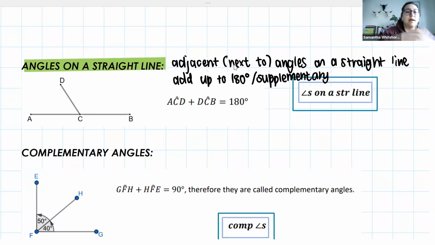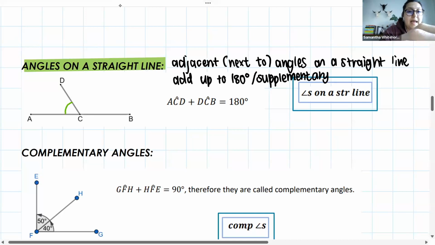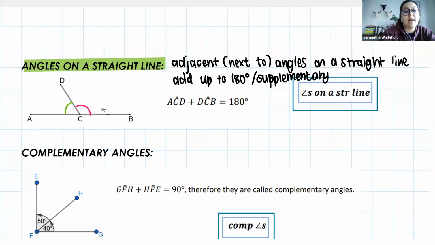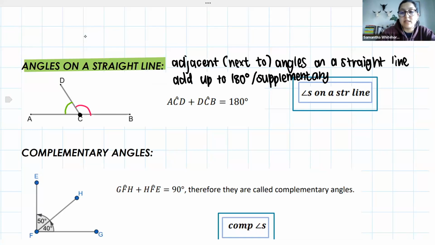So if we look at our diagram, we can very clearly see that we have an angle here at ACD, as well as an angle created at BCD. Okay, so we've got two angles here. Now, very importantly, hopefully what we notice is that they both share this vertex at C. And because of that fact, they are right next to each other.